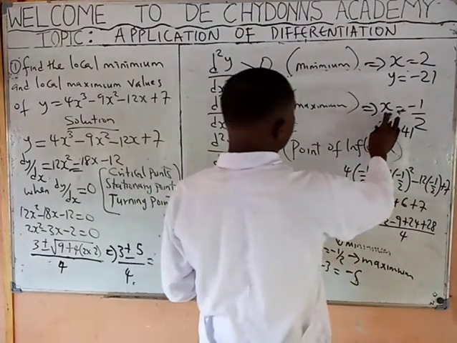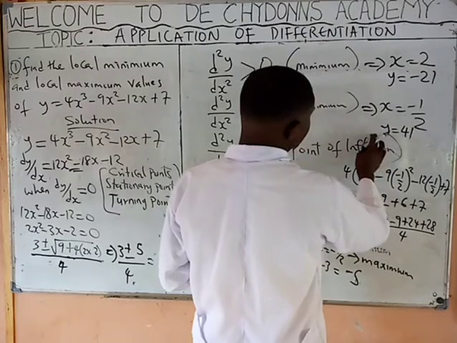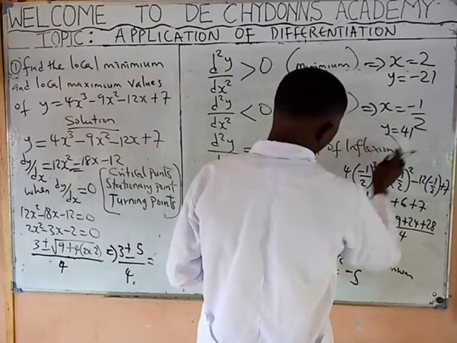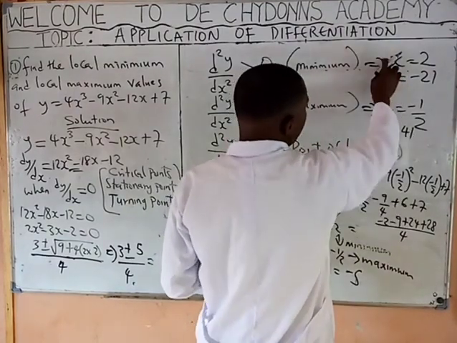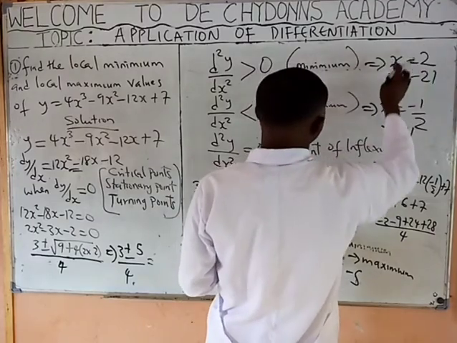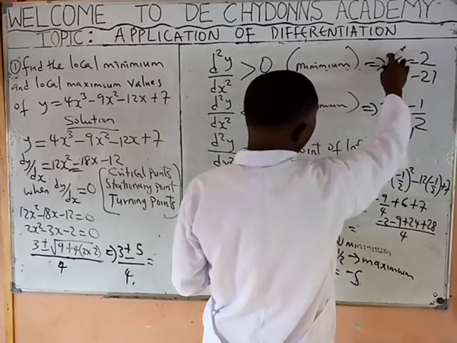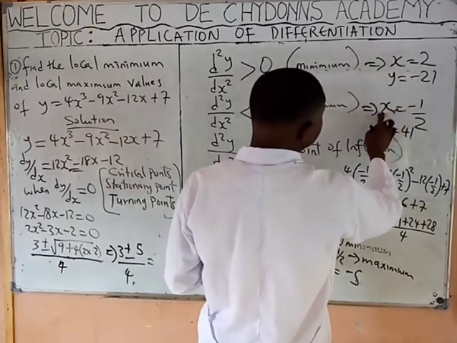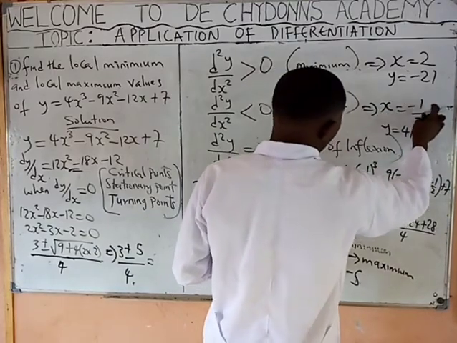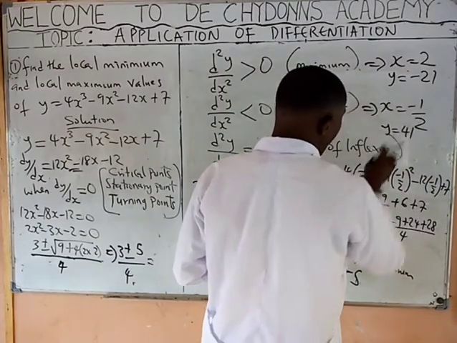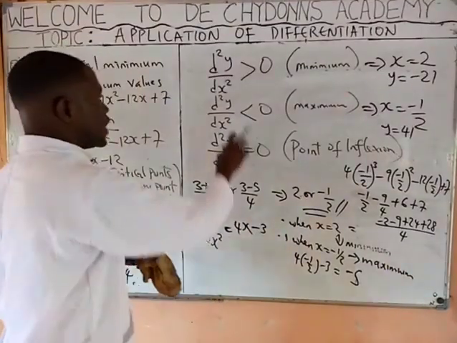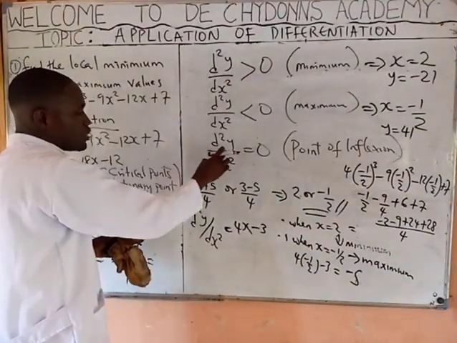This is the minimum value of x and this is the corresponding value of y, while this is the maximum value of x and its corresponding value of y. Remember, it is from this information that you get it.